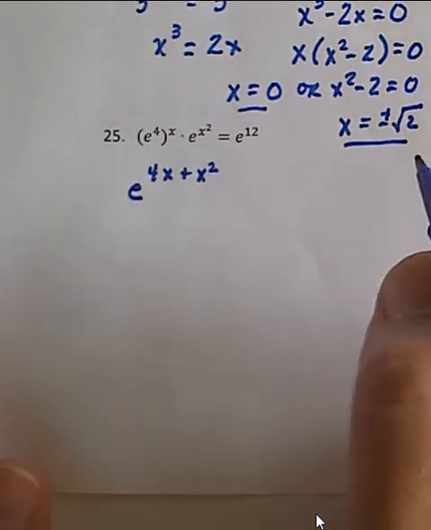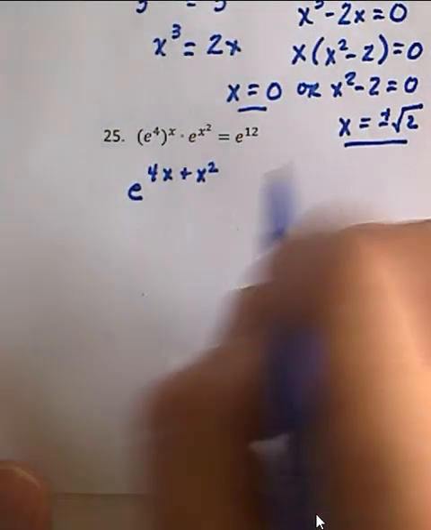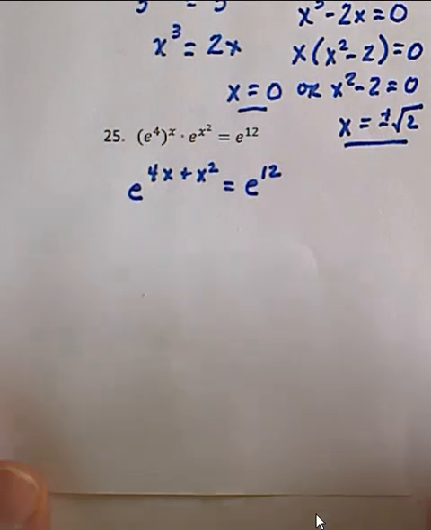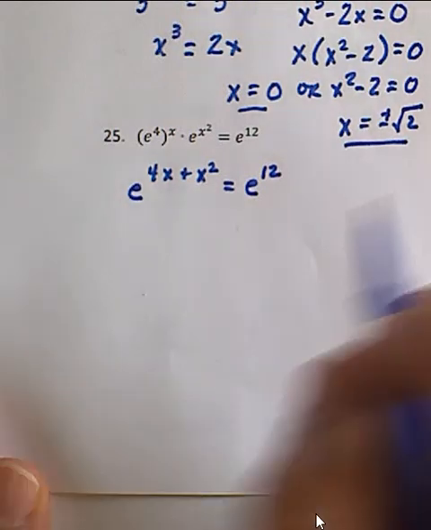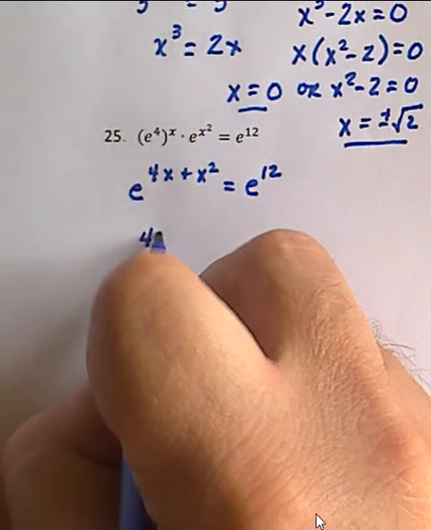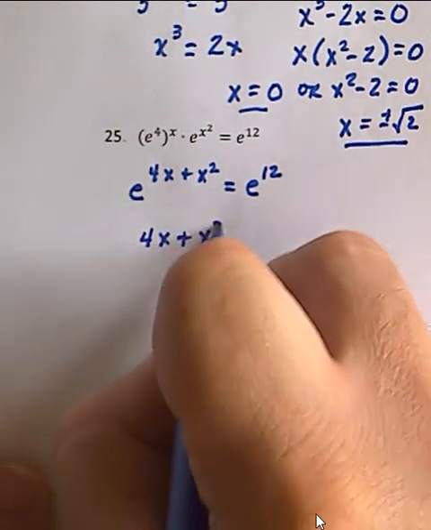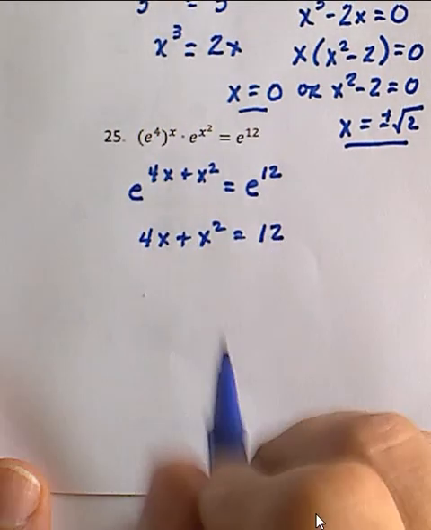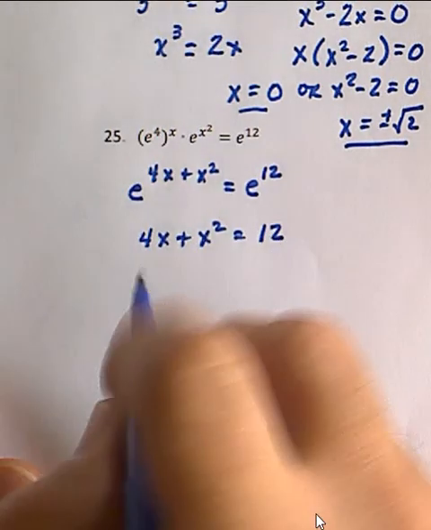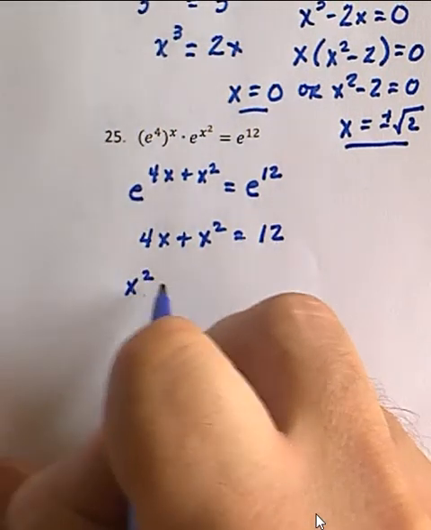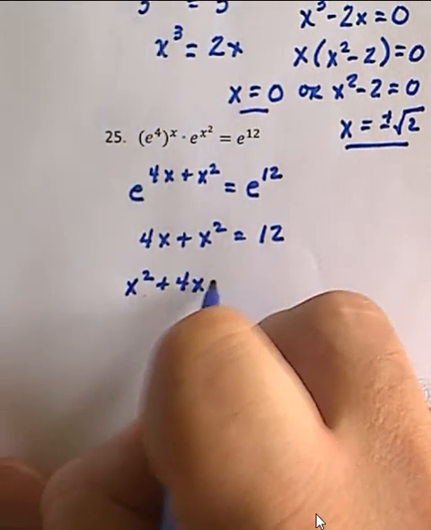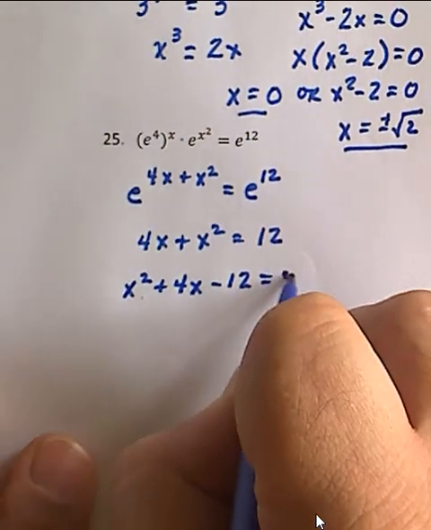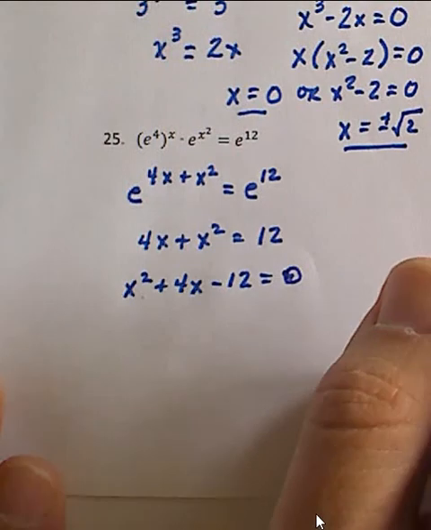Okay, one e term. Okay, and on the other side, I have e to the 12th. Both sides have the same base, so the exponents must be equal. So 4x plus x squared equals 12. I'm going to subtract the 12 over and then rearrange the terms. So x squared plus 4x minus 12 equals 0, which is factorable.